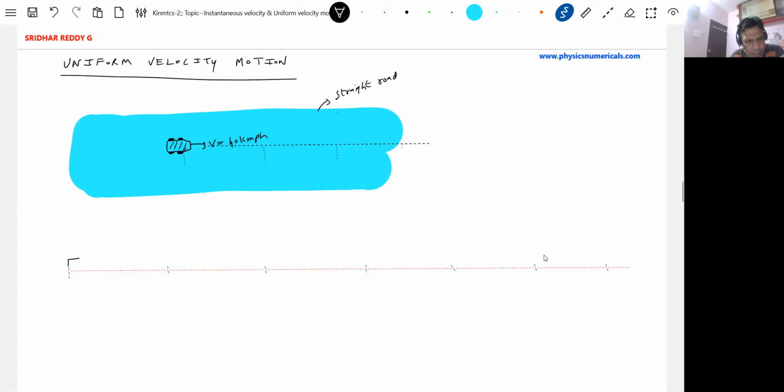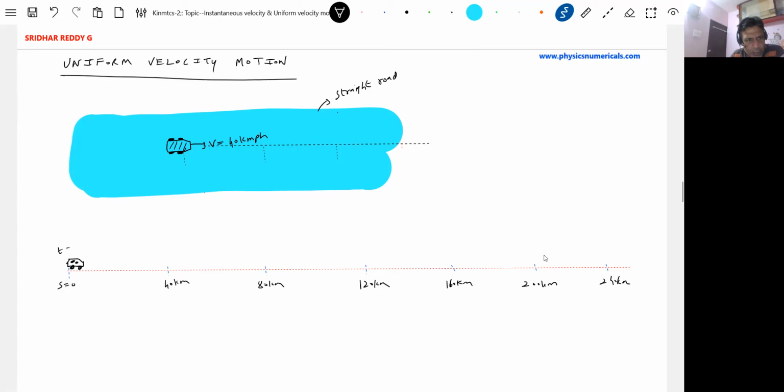Car only I'll draw, easy for me to draw. This will be the car. So it is at s equals 0, then 40 kilometers, this distance will be 80 kilometers, this will be 120 kilometers, 160 kilometers, 200 kilometers, and this will be 240 kilometers.